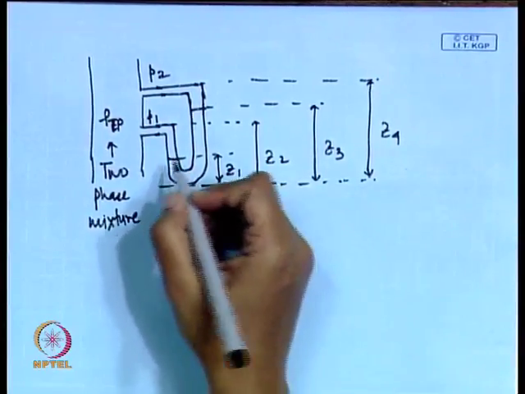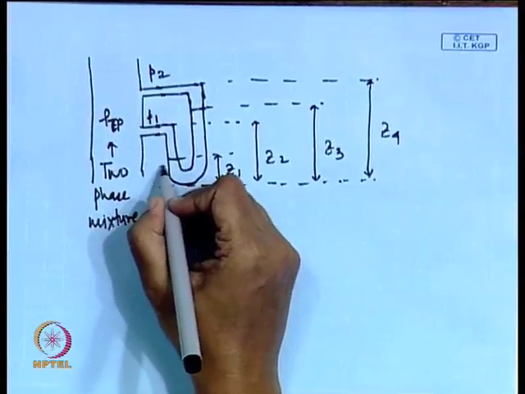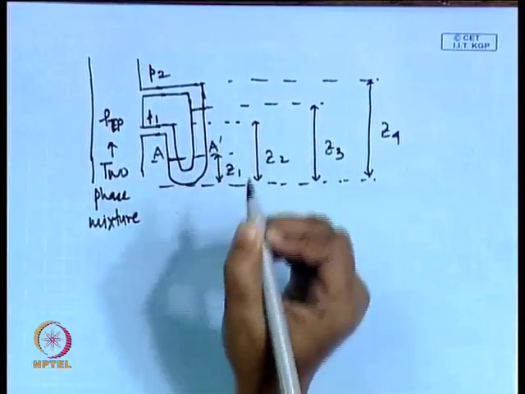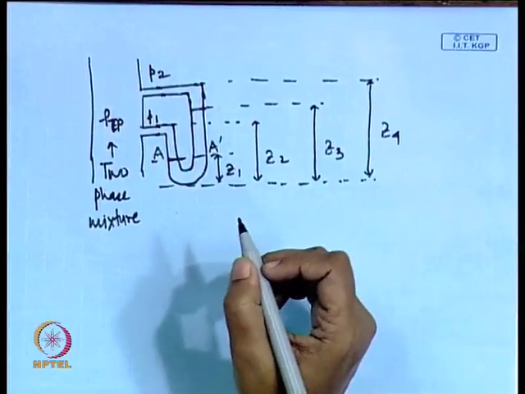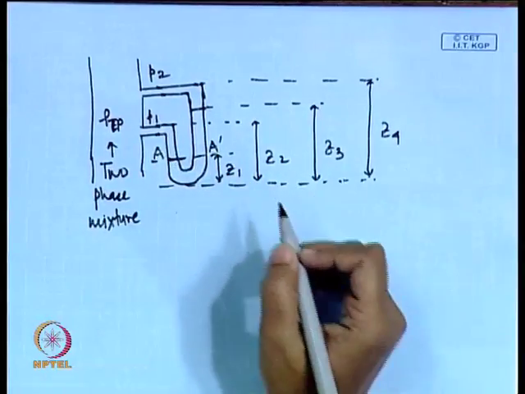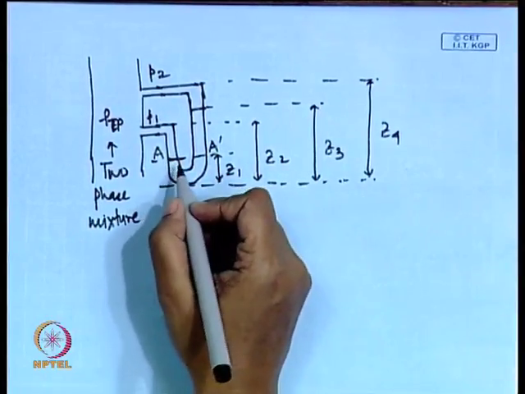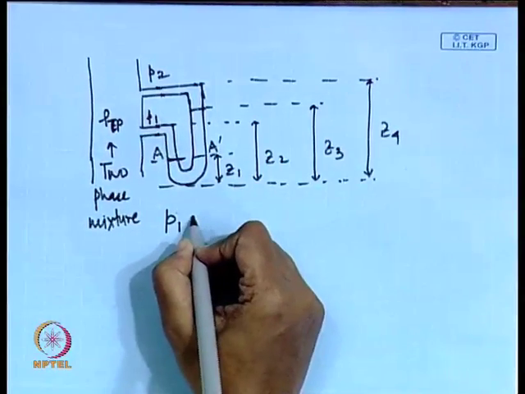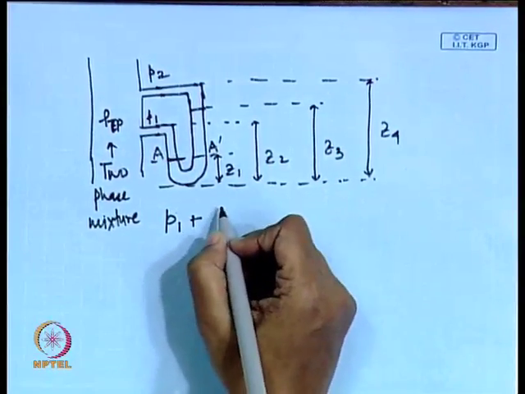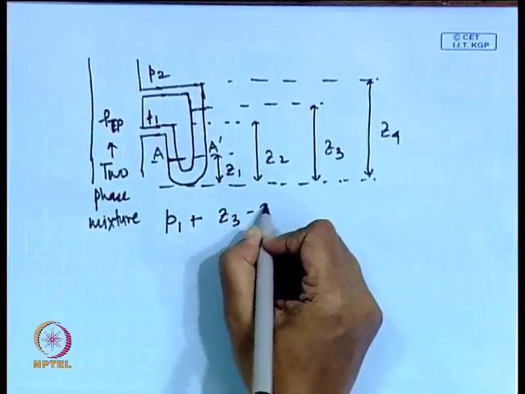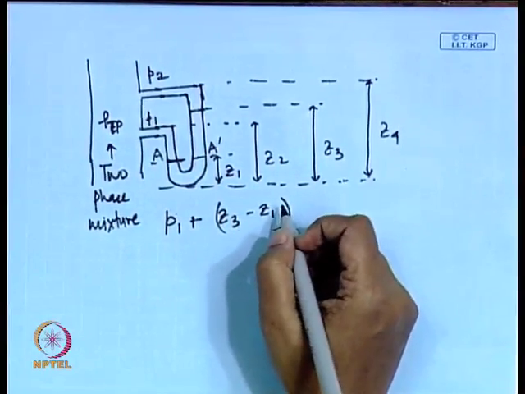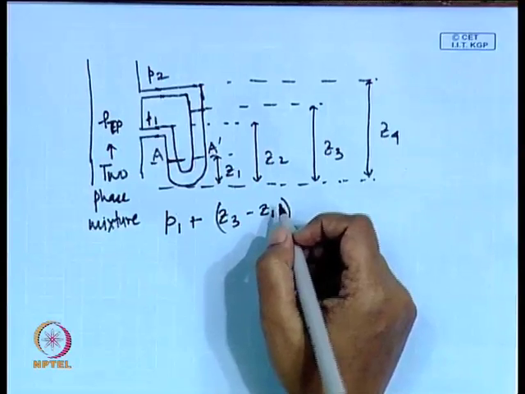It is simply, suppose we make a force balance across the section, say A prime. Suppose we make a pressure balance across this section A prime. So, what do you find? The pressure at A, what is it? It is P 1 plus Z 2 minus Z 1 G rho C. I think there are some mistakes here, so you just follow my derivation, or it is all right probably.